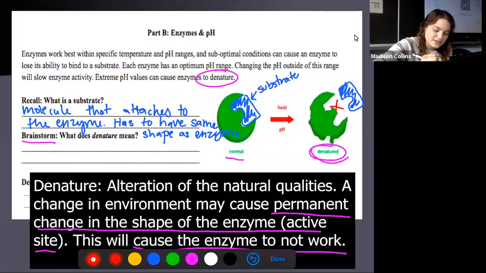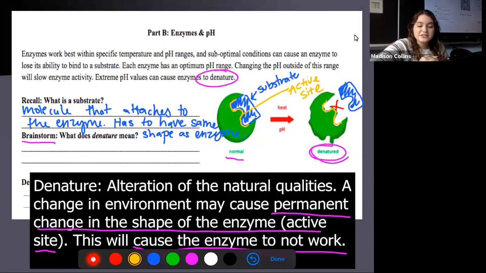And remember, the active site is going to be, let's do it yellow. This is going to be our active site, right? Where that enzyme bonds. But because we see that the active site shape is changing when it's denatured, that means that the substrate can no longer fit. It can't fit into that pocket anymore.